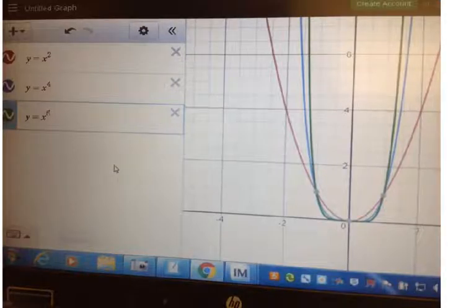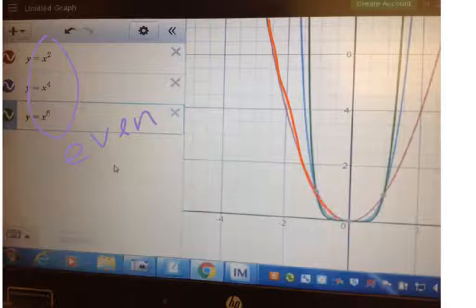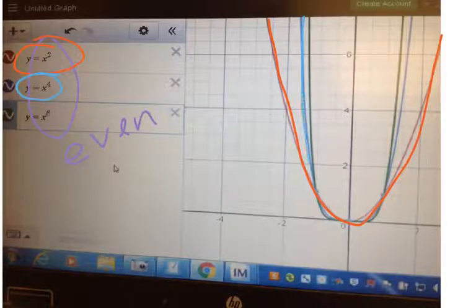Now notice over here I have all even functions, right? See how all the powers are even? And I want you to look over here and notice the red is a typical parabola, right? That's the x squared that I had graphed there. But again, I just want to show you without just telling you that notice the second function in blue right here. Look at the graph.